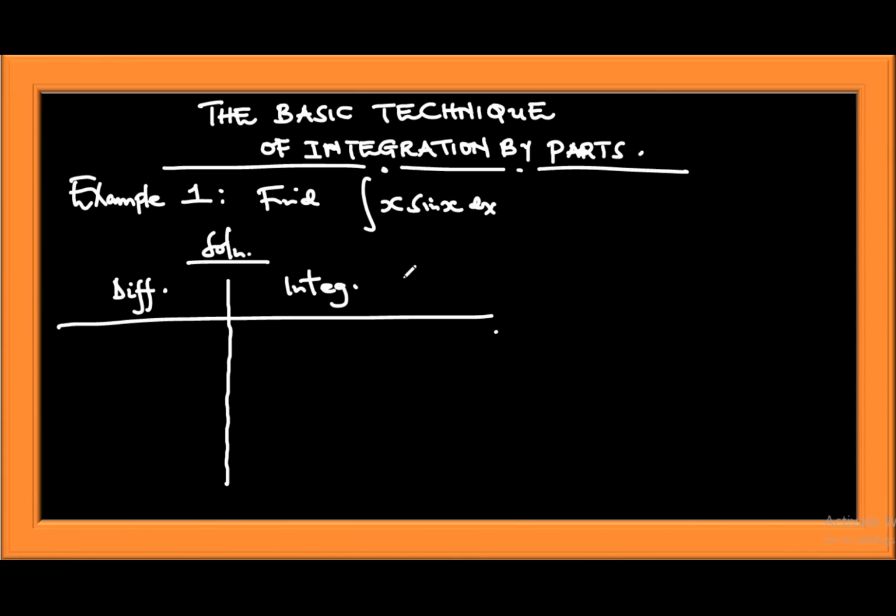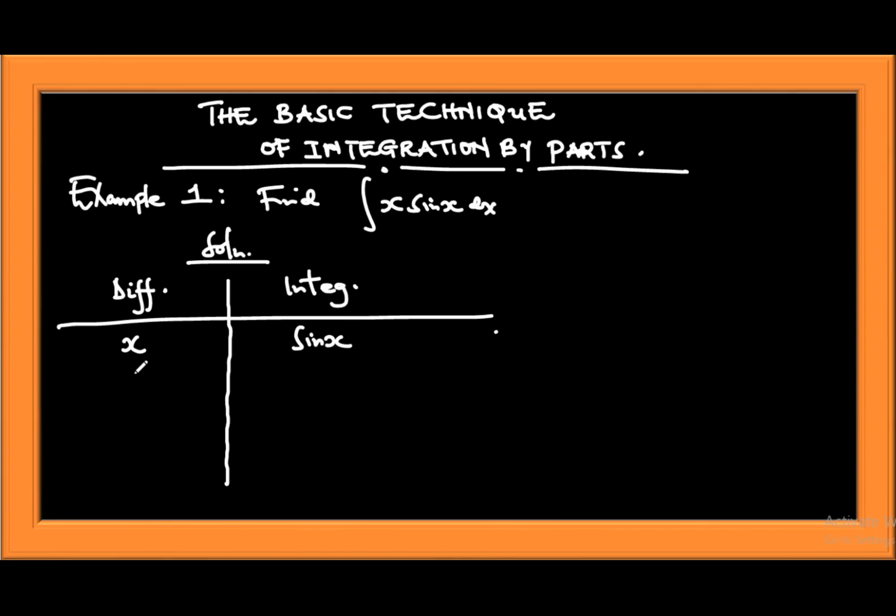We differentiate a function that can be differentiated a number of times until the derivative becomes zero. We put that function under differentiation. When you look at x sine x, the best function that can be differentiated until we get a zero is definitely x itself, and that means sine x has no option other than being under integration.